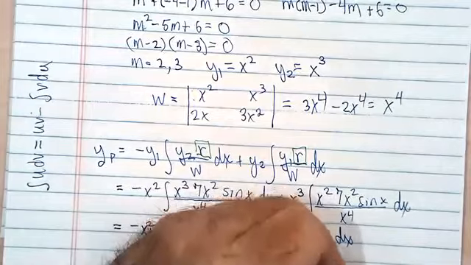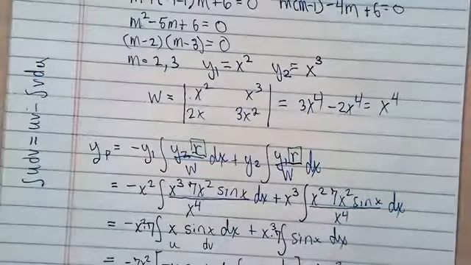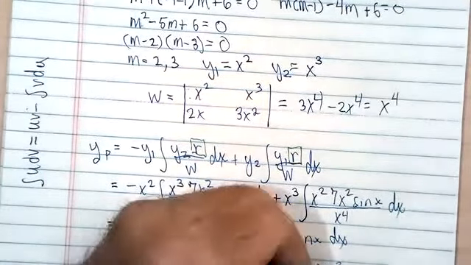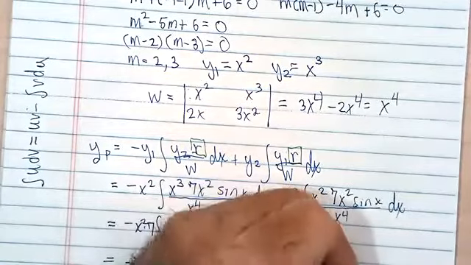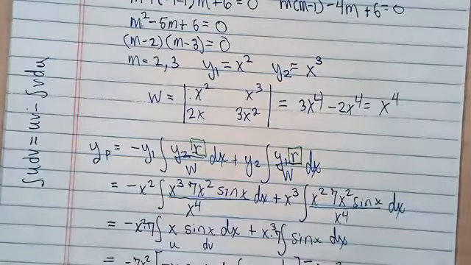Plus 7x cubed, and then let's see, the derivative of cosine is minus sine, so this actually needs to be a negative cosine of x. We're almost there.